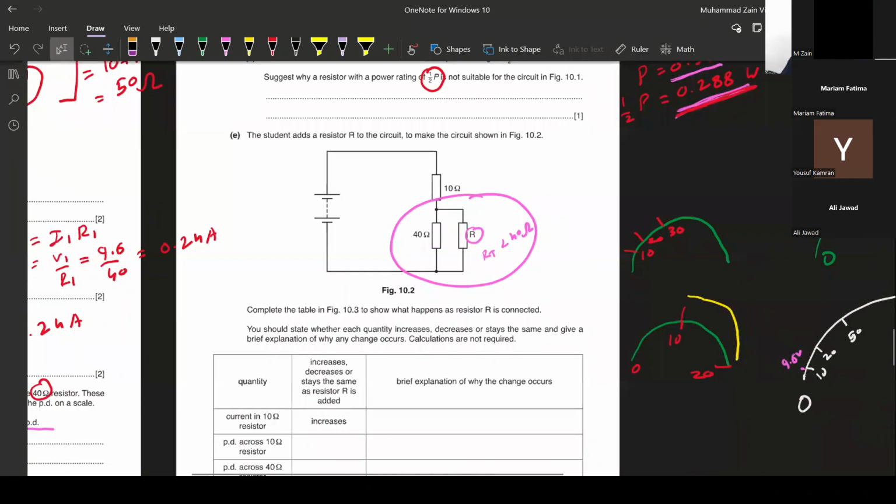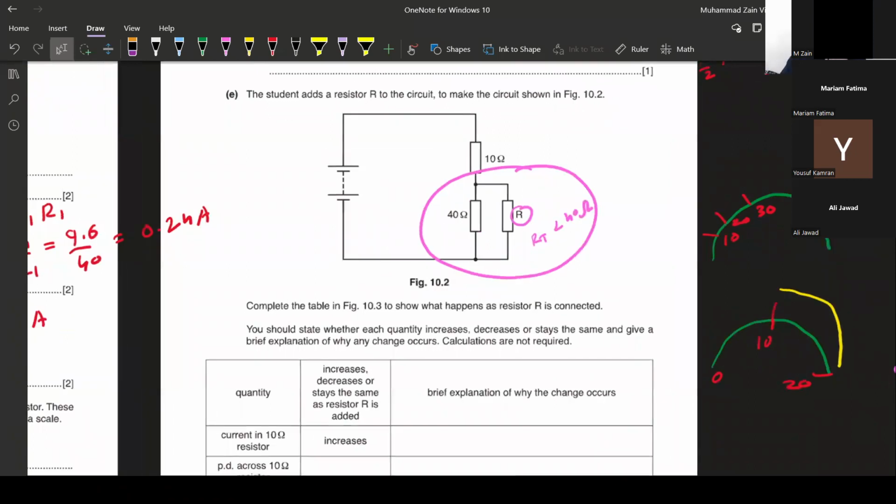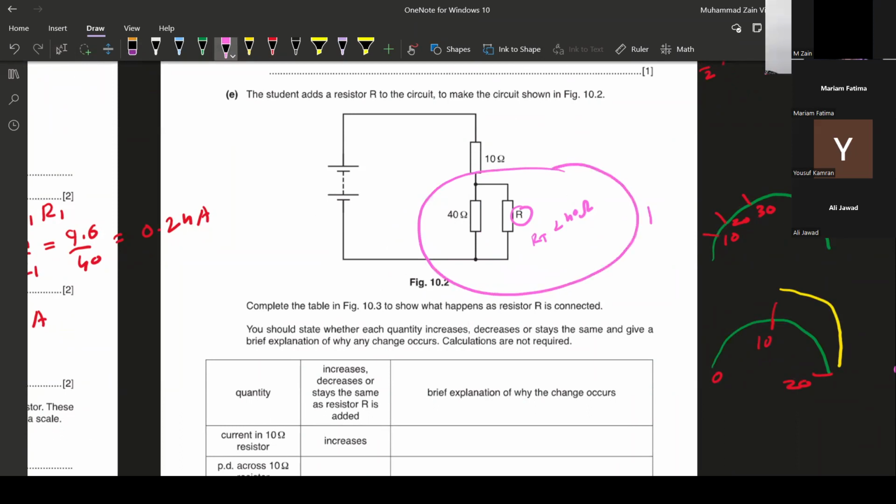Now what happens to the total resistance of the whole circuit? The total resistance of the circuit would be equal to this region, which I'm calling 1, plus this other region. So the total resistance would be equal to R1 plus R2.